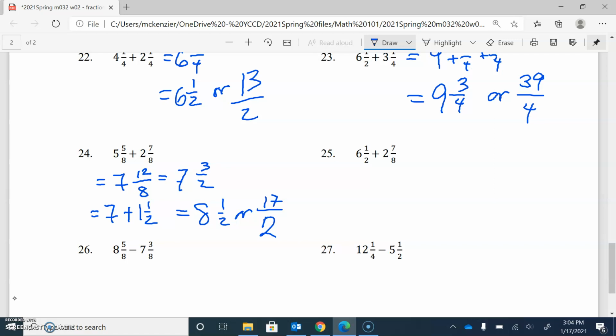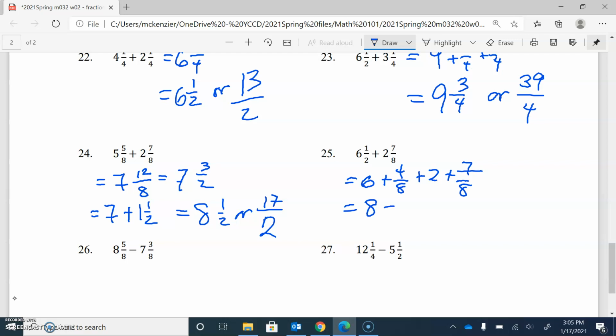Same thing for 25, but we also have to get a common denominator. So I'm going to write this one a little bit differently to show you some of our options. 6 plus 4/8, that's your 6.5, because and actually means addition here, and the 1/2 written as a 4/8, plus 2 plus 7/8.